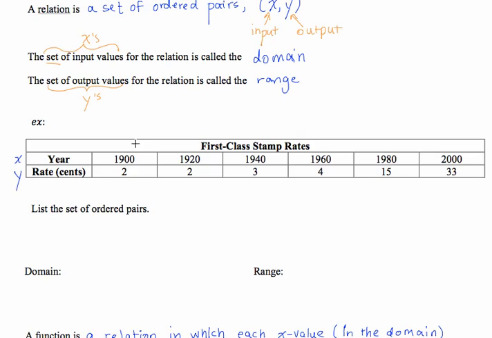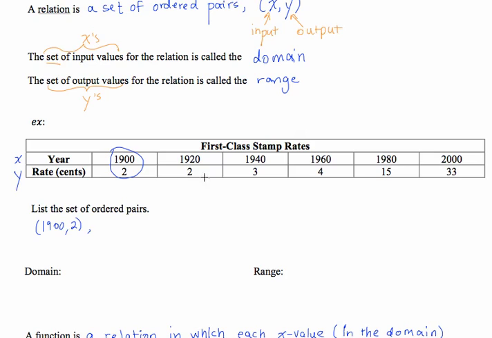So the set of ordered pairs would be, for example, this. That's an ordered pair. So 1900, comma 2. And you always list ordered pairs in a set of parentheses. Now you just know from context this does not mean the set of numbers between 19 and 100 and 2, which for one doesn't make sense just because 2 is less than 1900. So this would be in the wrong order. It just doesn't make sense based on the context of the problem.